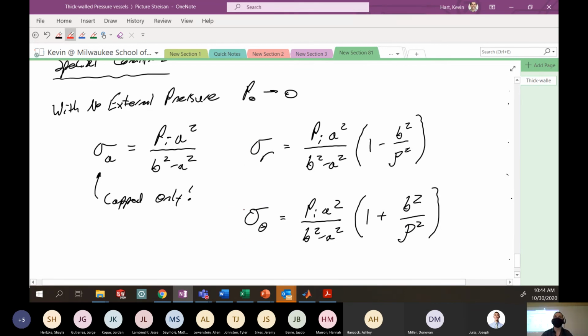Will it be large when the radius is small or when the radius is big? Think about this equation. Right, so this value here will be maximized when this radius is small.